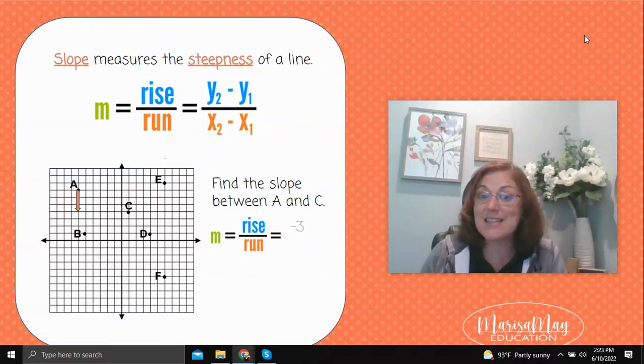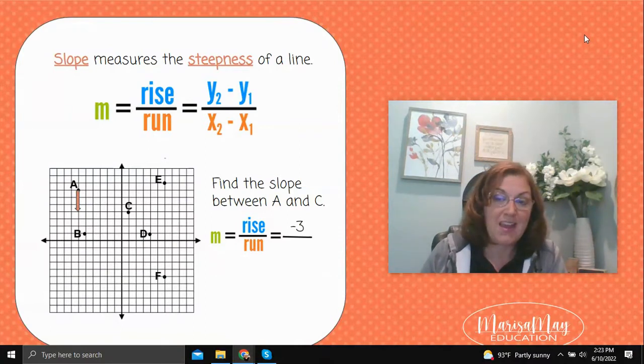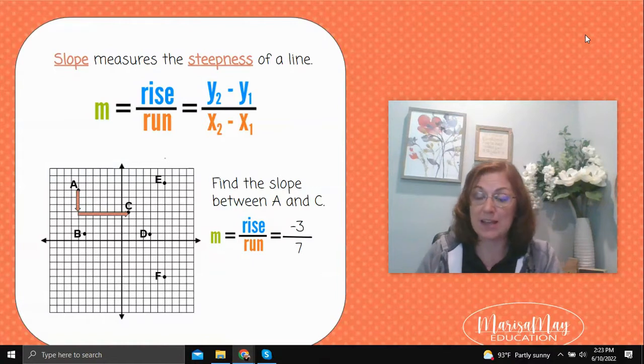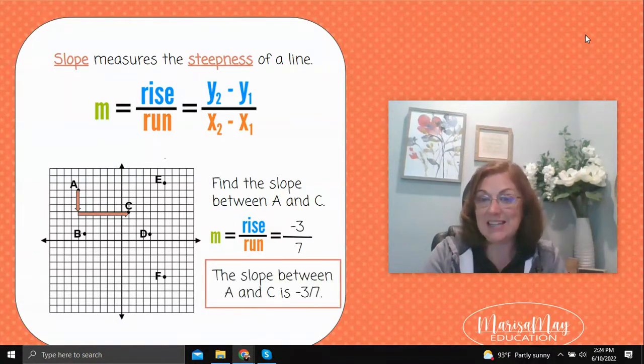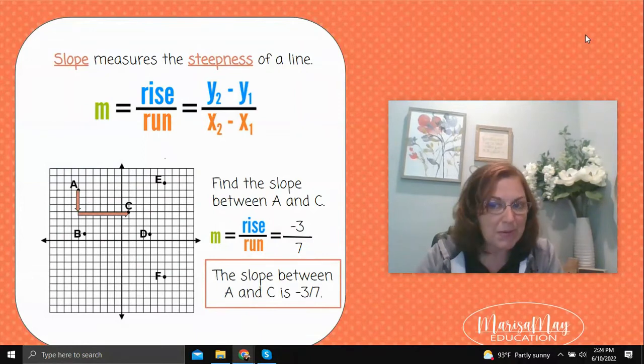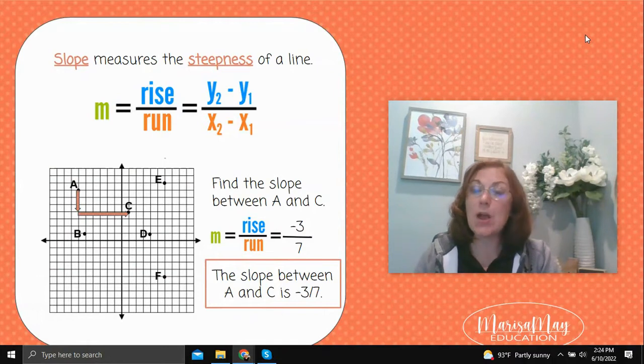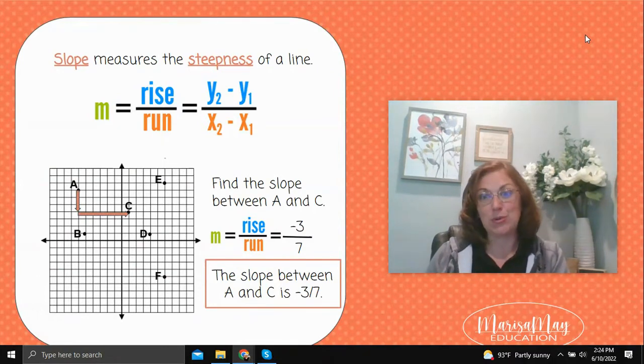Looks like our rise is -3, again, because we went down. And now from there, how far do we run? Well, we run to the right. You can count those there as well. You're going to get 7. So my slope here from A to C is -3/7. Remember, it's negative because we went down for our rise. Our run was positive because we went to the right.